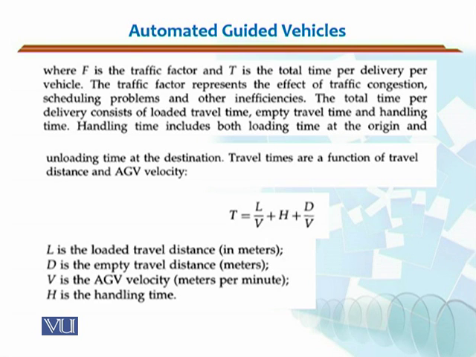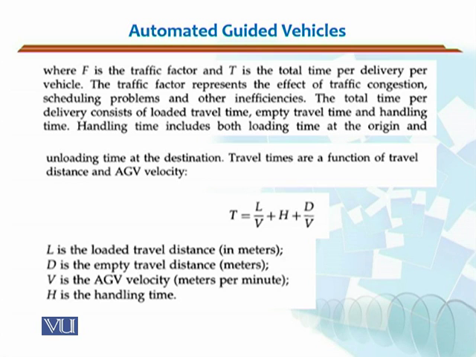So the total time T would be represented by L over V plus H plus D over V, where L is the loaded travel distance in meters. If you remember the previous models which we discussed about material handling equipment, the distance was measured in meters. D is the empty travel distance. L over V is for the loaded travel, whereas D over V is for the empty travel.